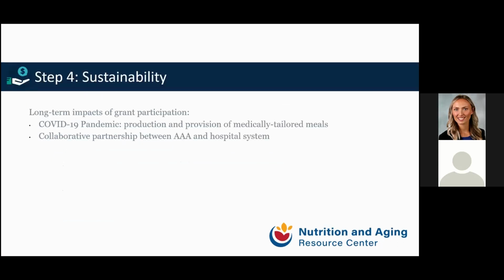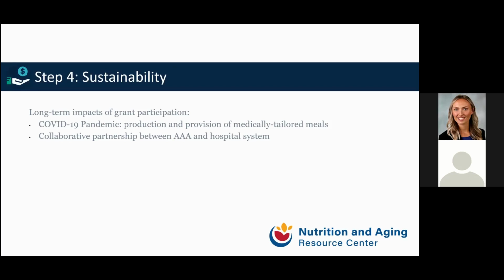So sustainability is always a big thing. What did we do? Was our program sustainable? I'm here to say that yes. What we learned during 2019 when this program ended, and as you all know, COVID struck in March of 2020 when congregate dining shut down and all of the Area Agencies on Aging had to relook at how they were going to get meals to individuals.